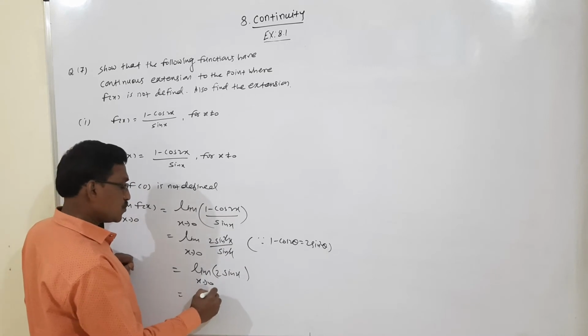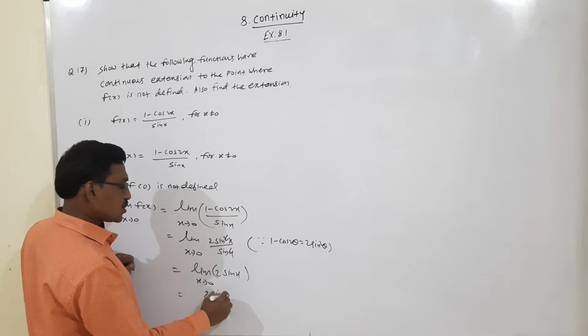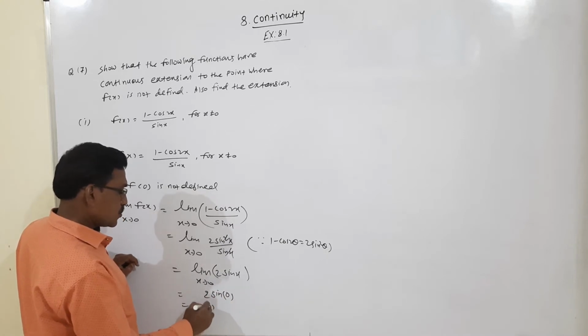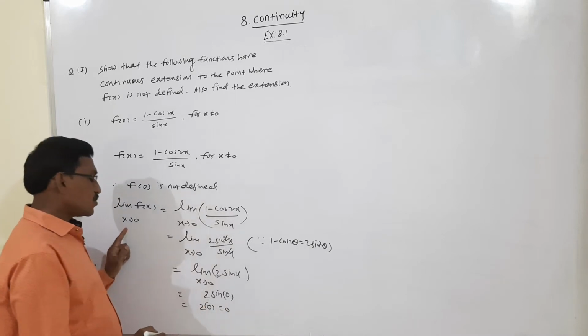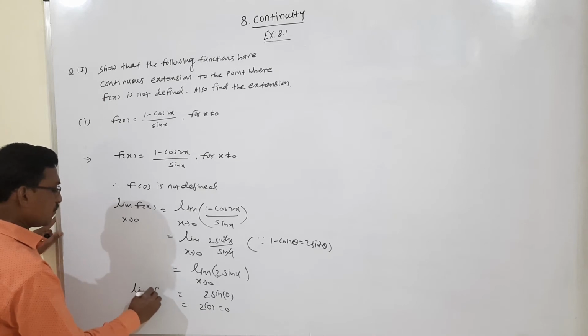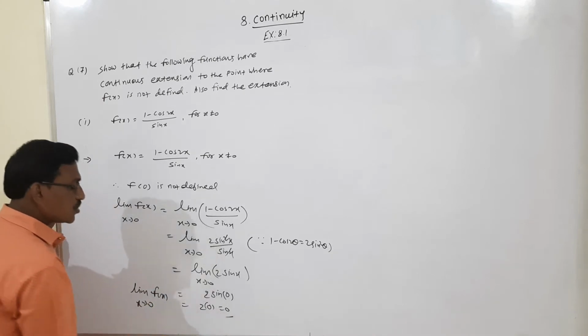So 2 into sin 0. Sin 0 is 0. So 2 into 0 is 0. So the limit of that function as x tends to 0 is equal to 0.